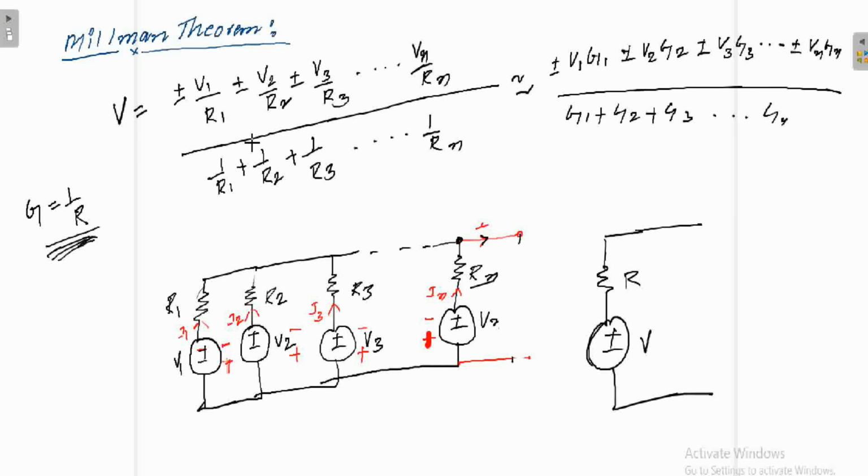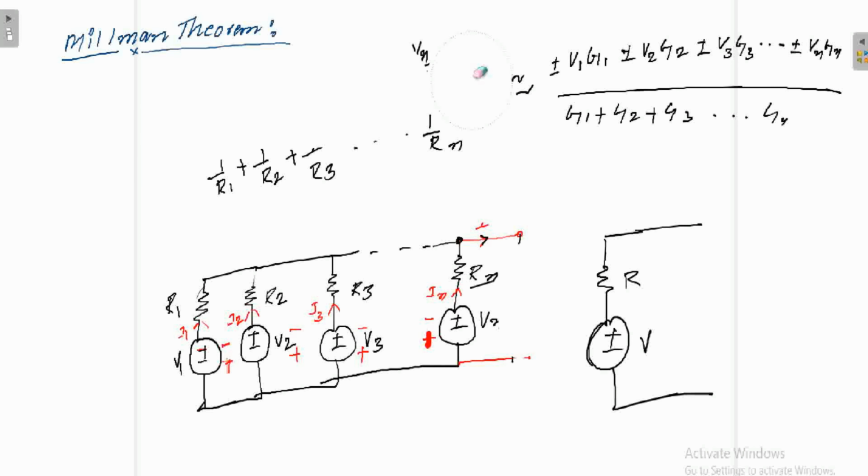So don't get confused. If they have given it in terms of conductance, the conductance should be multiplied with the voltage. If they have given it in terms of resistance, you have to divide the voltage by the resistance. So let us see a problem. You will get a clear idea.